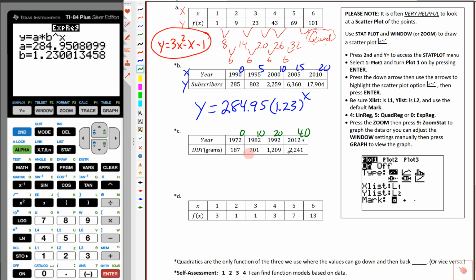So we'd have to be really careful on something like that in inspecting the first level differences and the second level differences. So if we were to take a look at this and notice, this one goes up by about 200, so about 500. And that's about 500 in that 10-year span. And this one, well, this is a 20-year span, so it probably ought to go up about 1,000.